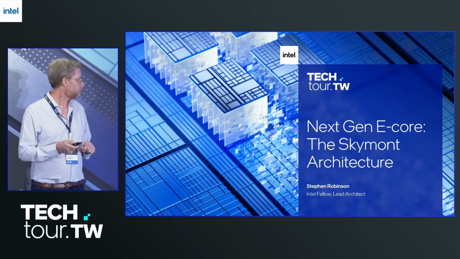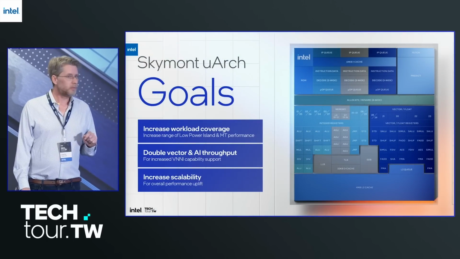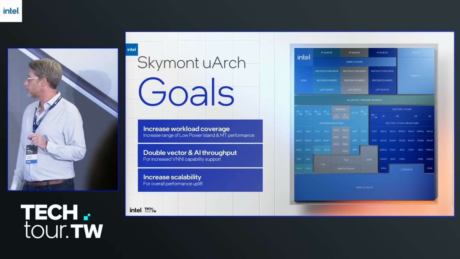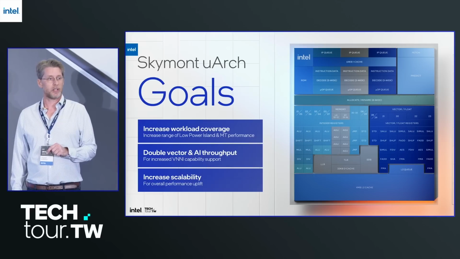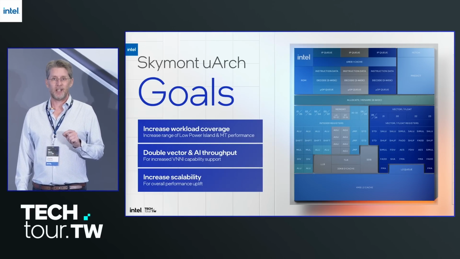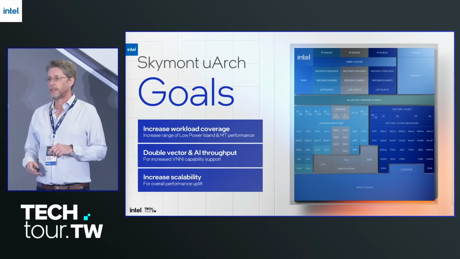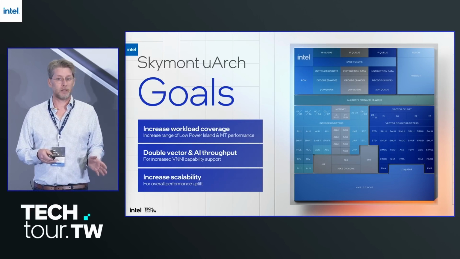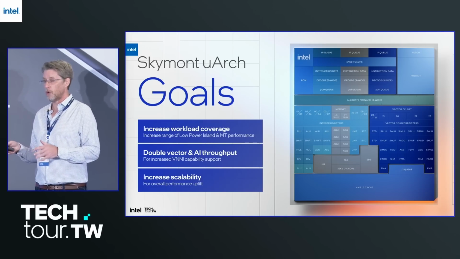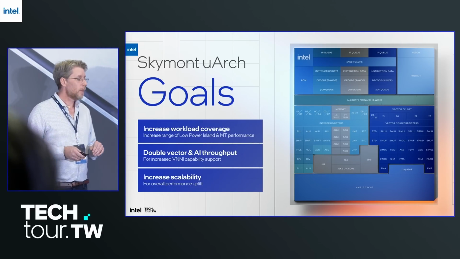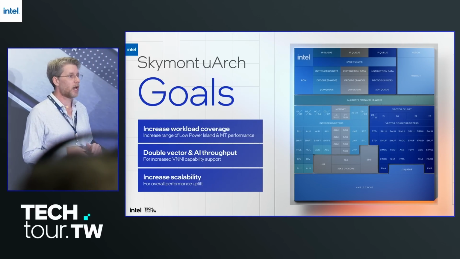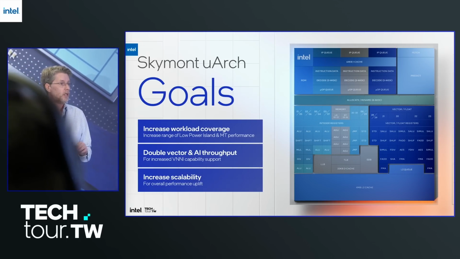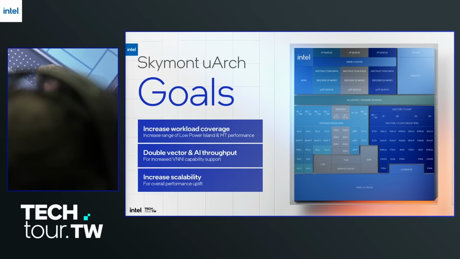We had a couple of goals when we set out to do our next microarchitecture. One of the key goals was to take the low power island that was introduced in Meteor Lake in Crestmont, the Crestmont low power E-Core, and see how we can use that to get more battery life, more energy efficiency, and PCs that last longer.